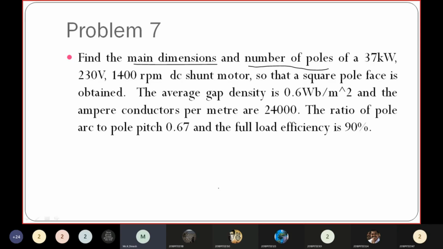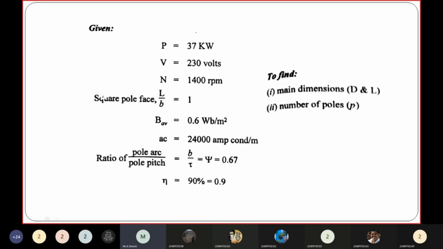So the ratio of pole arc to pole pitch is 0.67 and full load efficiency is 90%. So these are all the given values. PA is 37 kilowatts, voltage is 230, N is 1400. In this problem, they clearly mentioned it is square pole face. Square pole face means L by B equal to 1 or L equal to B, both are same.